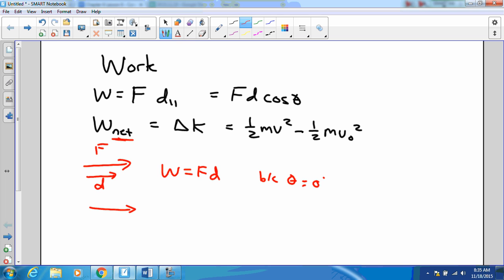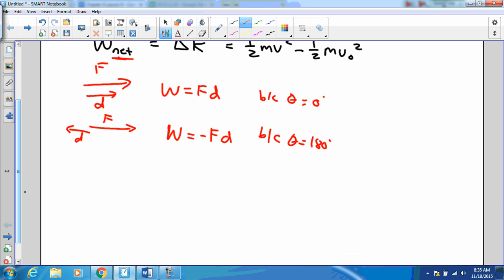And if a force is pointing in a particular direction and the object moves in a direction opposite to that force, then the angle between the two is 180 degrees, and the cosine of 180 degrees is -1, so that work is equal to negative force times distance, because force and distance are in opposite directions.